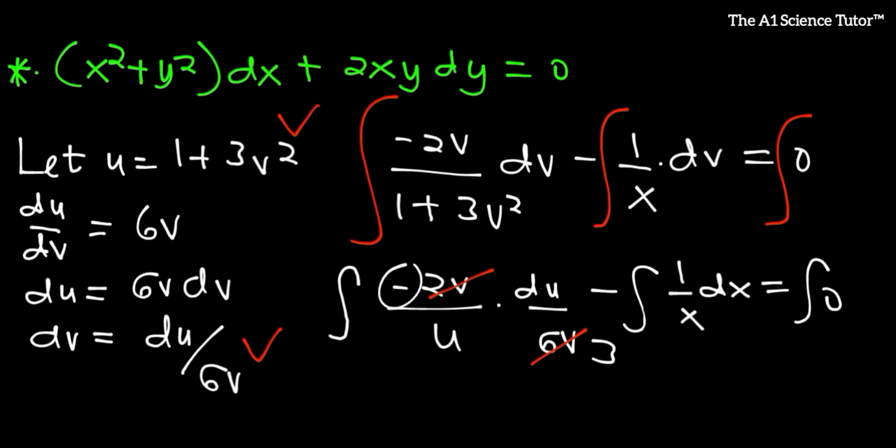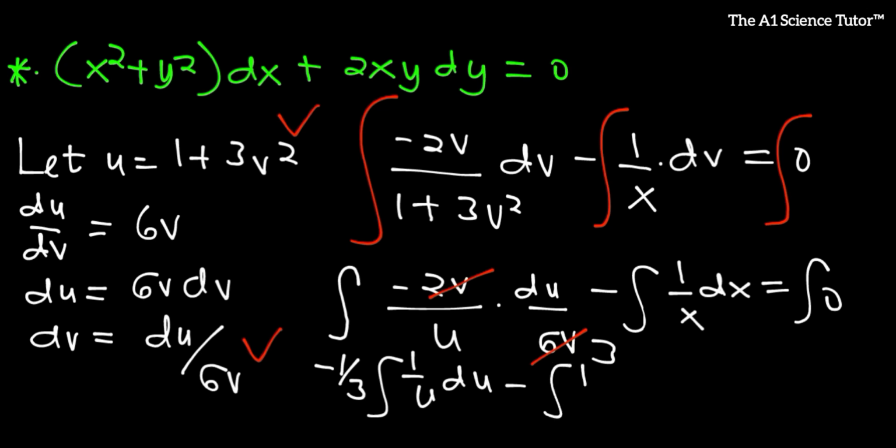So I actually have negative 1 over 3 going out. So this should be negative 1 over 3, integral 1 over u du, minus integral 1 over x dx. This is equal to integral 0.